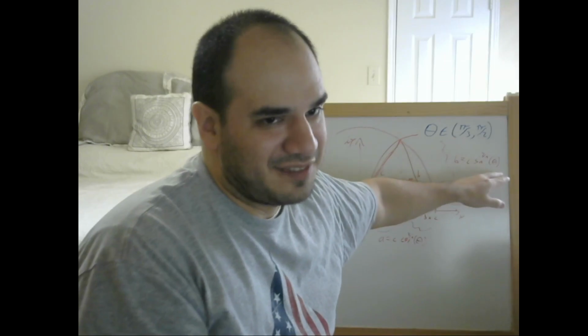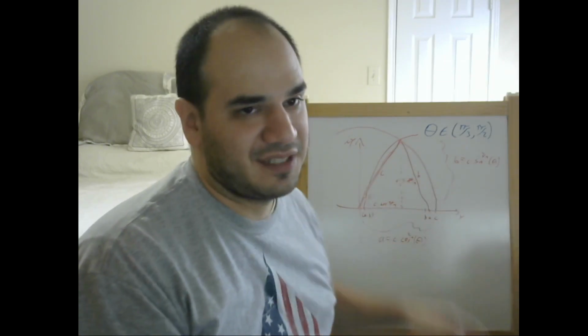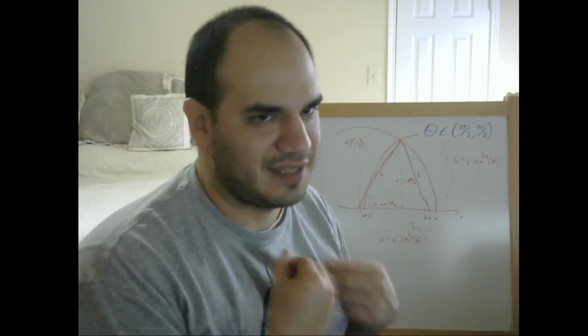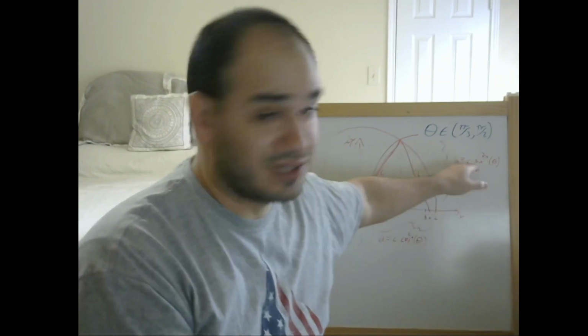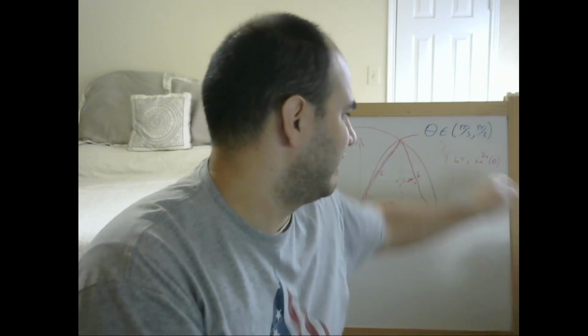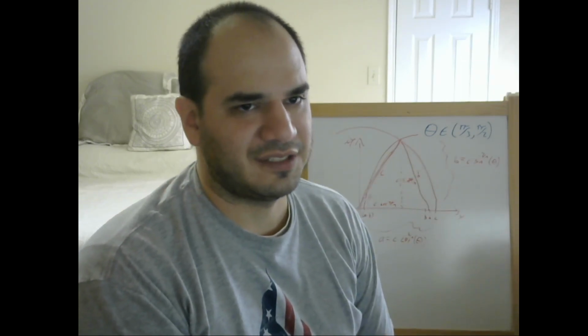Then whenever sine of theta is in that range and whenever cosine of theta is in that range, taking the 2 over n root is irrational.